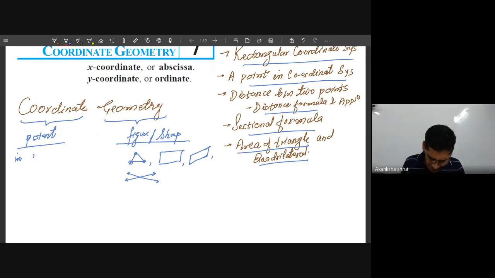So in a coordinate system, this is the system where these points can be specified.